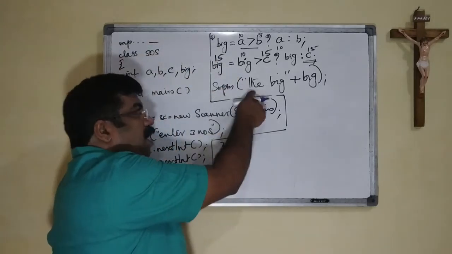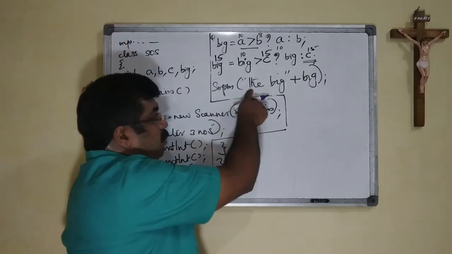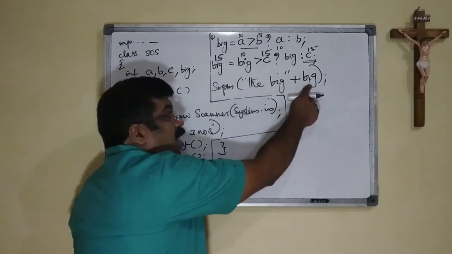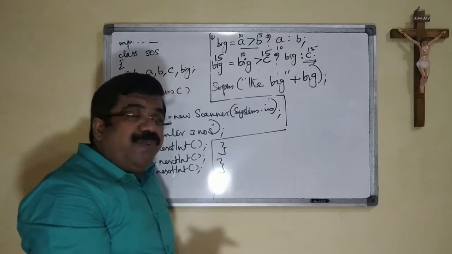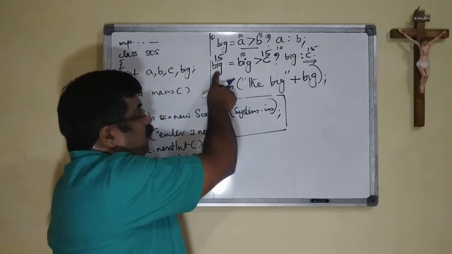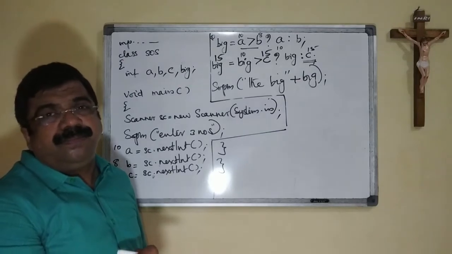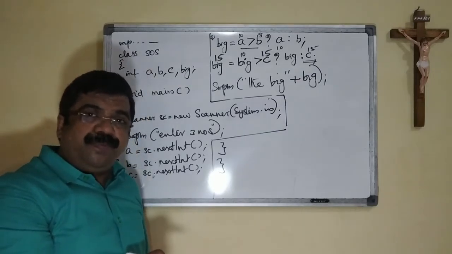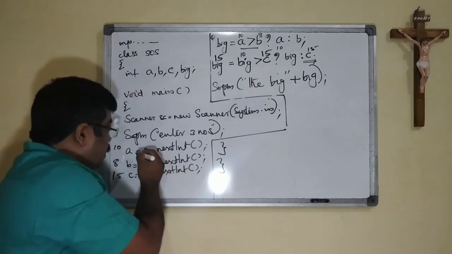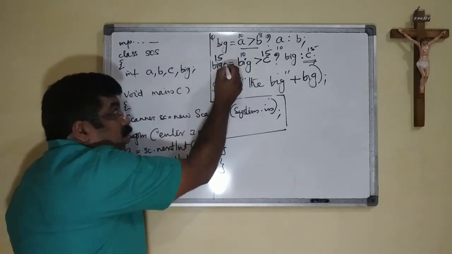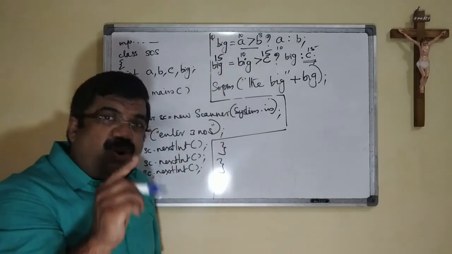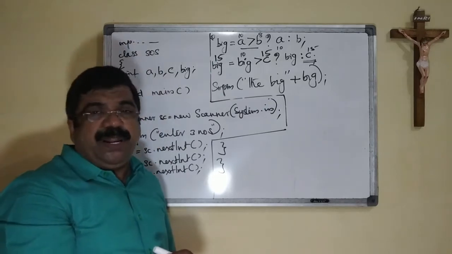And then we are printing it. The big with the value of big. What is the value of big? The 15 is displayed. I think it is clear. So we wrote the statements sequentially to find out the biggest one.